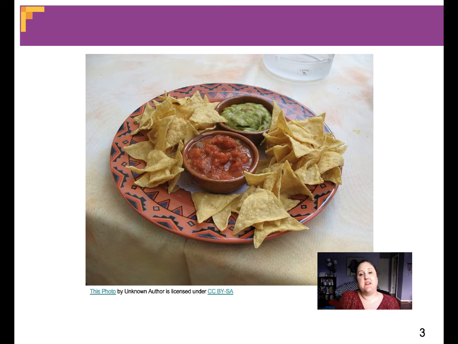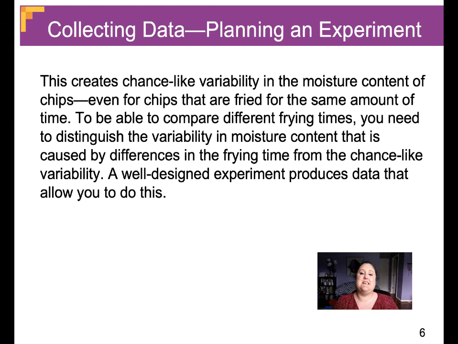But even in something that seems so simple as these experiments, we still have to make sure that everything else is held constant. Even little things like variability within the different tortillas could affect our outcome. Or maybe small changes in the temperature in the oil could change the outcome of the experiment. So we want to consider any chance-like variability that's going to happen in whatever we're studying.